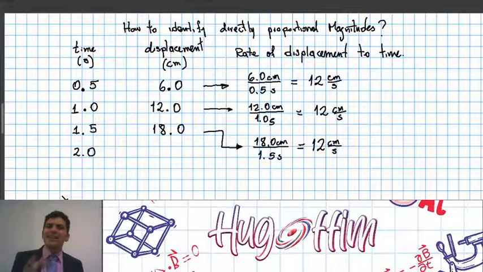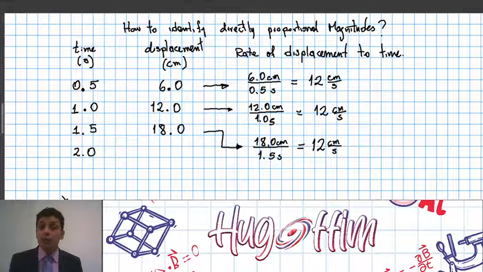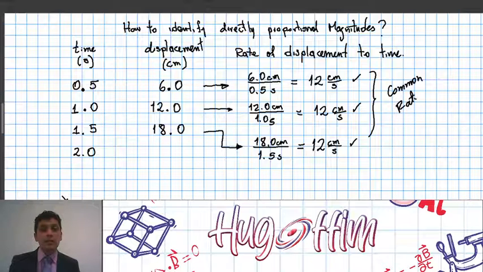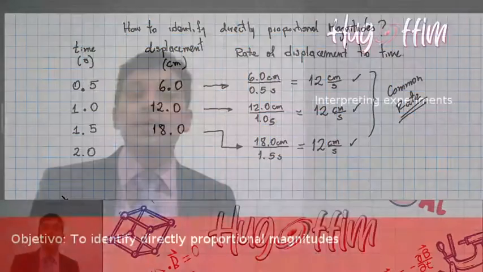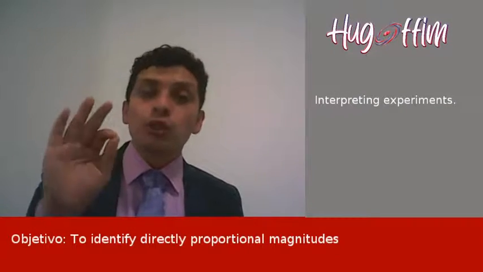So look at that, in this relation between two things that we're measuring, two magnitudes, we have something in common, and it is that the rate is the same. So we have a common rate. Every time you have a common rate, there's a relation between these magnitudes, and this is when you can say that we have directly proportional magnitudes.